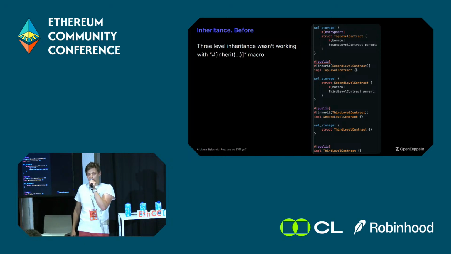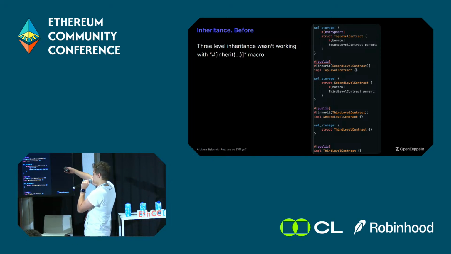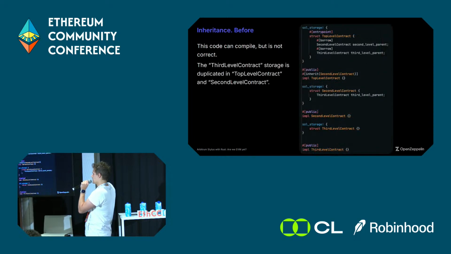The problem was that it wasn't working at the third level, so it was quite useless. This is an example, and it shows where the compiler won't let it compile. Of course, trying to solve this, developers could start creating different approaches, and here is where it would be totally wrong.